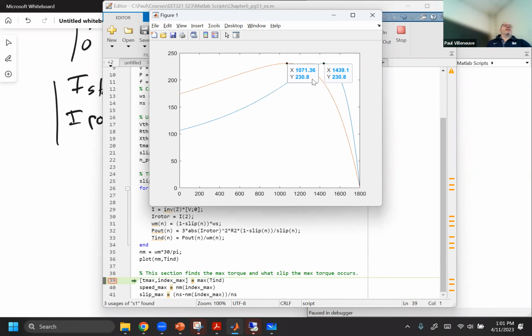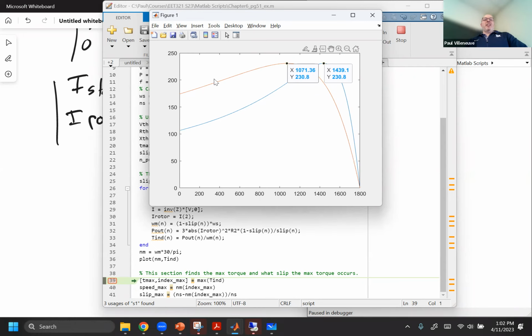It's the same exact value. So we increased the rotor resistance, but we actually haven't changed the pullout torque. We have changed the starting torque, right? We were at 107, and we did go up to 170. And we will change where the operating speed is going to be.